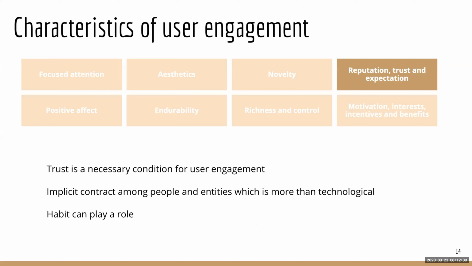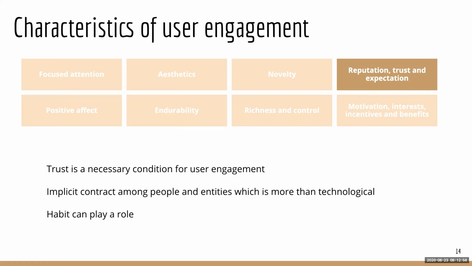The next one is reputation, trust, and expectation. Trust is a necessary condition for user engagement. You have a relationship with the product, you know what you expect from the product, and it's more than the technological component that it is working.